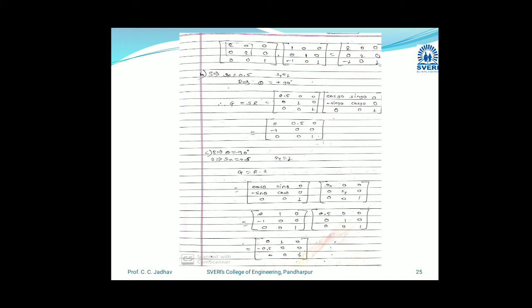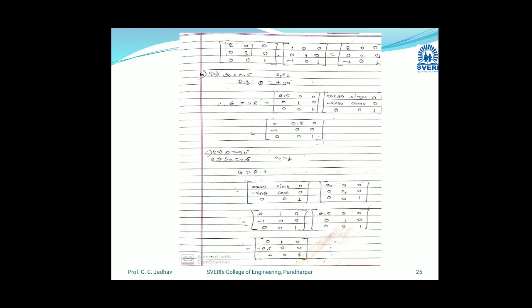We put in the values and multiply the two matrices. First, rotational matrix row and scaling matrix column: 0 into 0.5 plus 1 into 0 plus 0 into 0, that is our first element 0. Then 0 into 0 plus 1 into 1 plus 0 into 0 is 1, then 0 into 0 plus 1 into 0 plus 0 into 1 is 0.